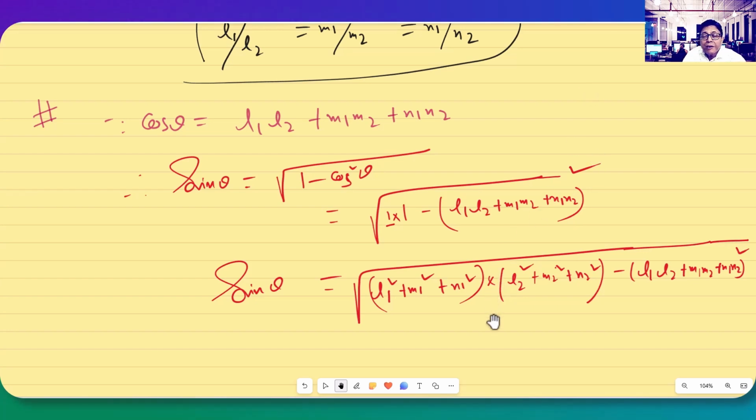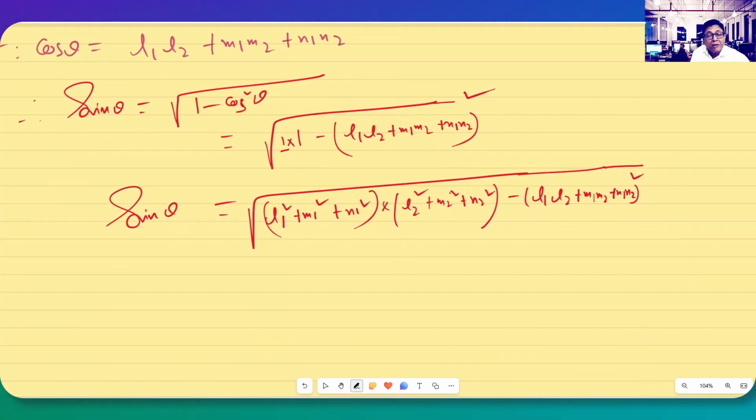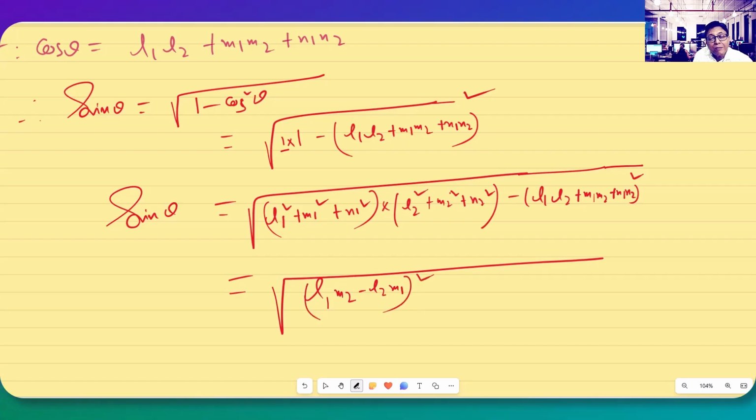Now, if we rewrite, better to say, this will be L1 M2 minus L2 M1 whole square plus M1 N2 minus M2 N1 whole square plus N1 L2 minus N2 L1 whole square.